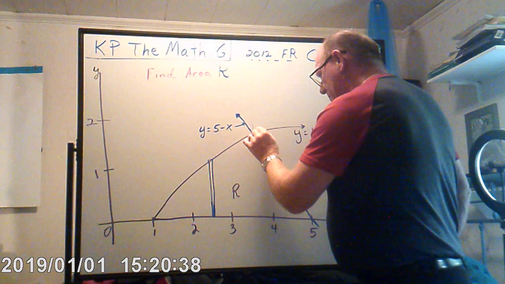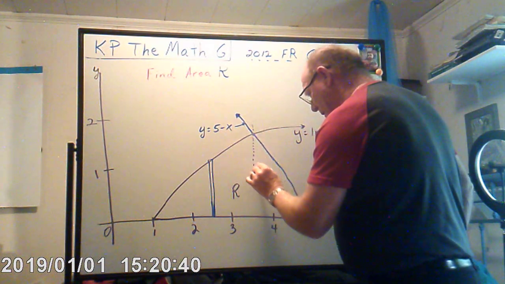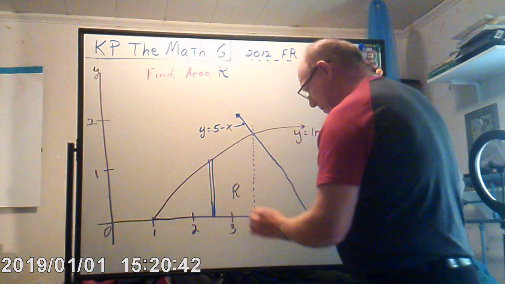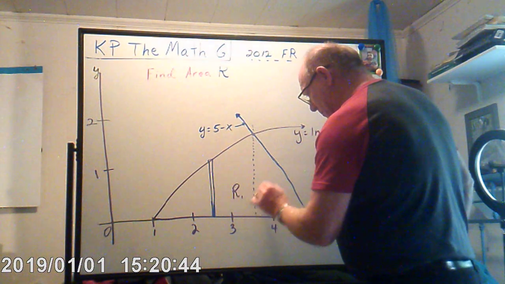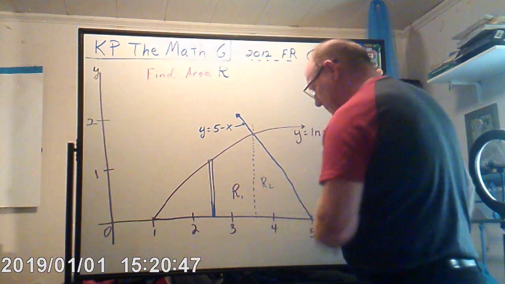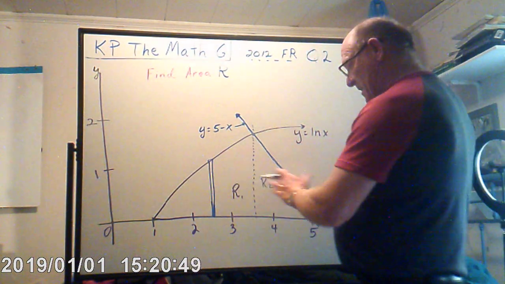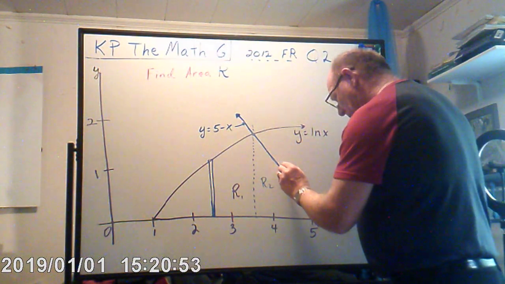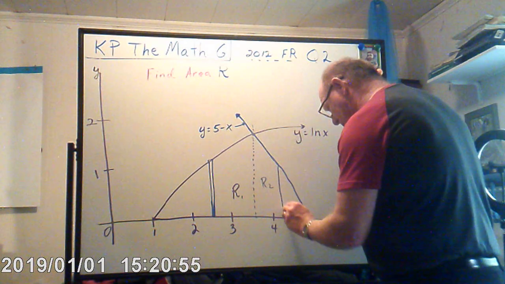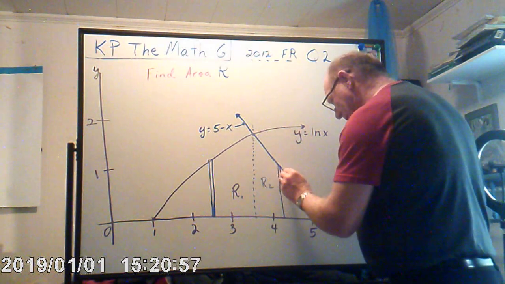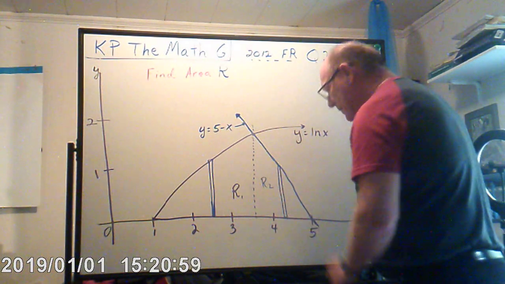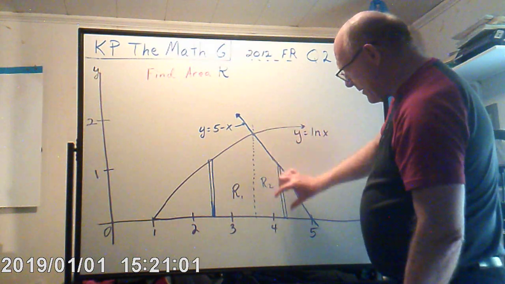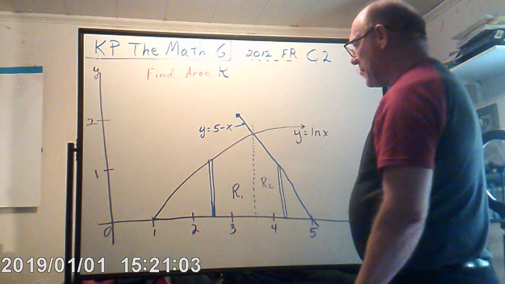If you do it this way, you might want to call this region 1 and this region 2, and you have to add up the 2 regions. That's one way to do it, and find this region in here.